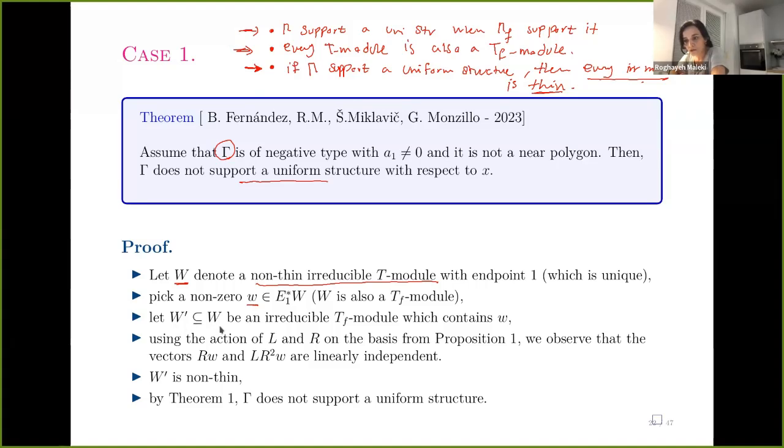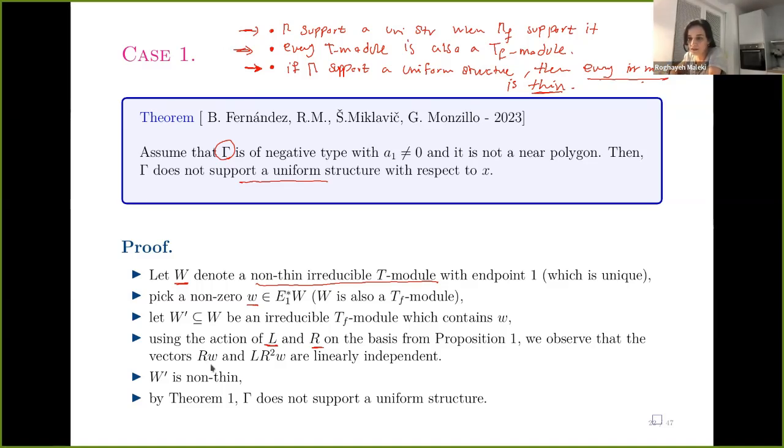And we let W prime be contained in W as an irreducible TF module that also contains this vector w. And we use the action of the lowering and raising matrices on the basis from the previous proposition. I didn't include the actions here because they are very long and complicated.